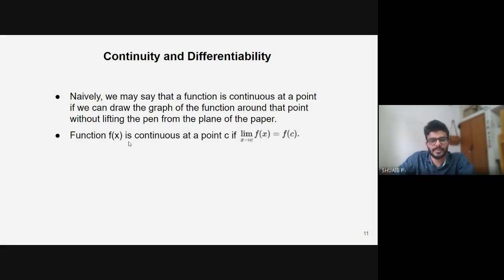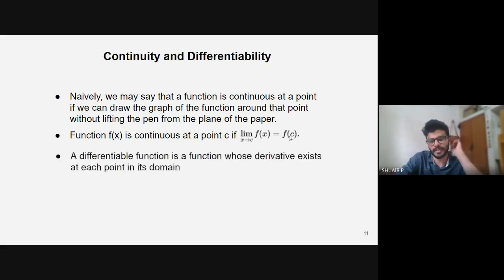Essentially, the function f of x is continuous at a point c if the limit of f of x as x approaches c is equal to f of c, which implies that at a point c, the image of that function is equal to f of c. I can explain this better in the next slide.